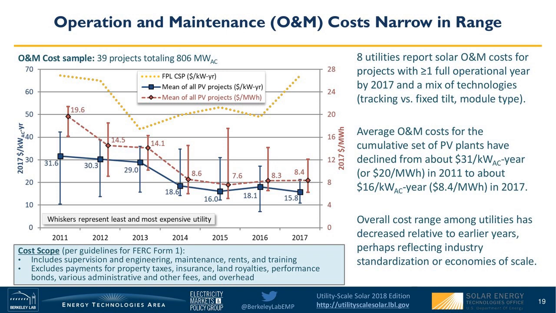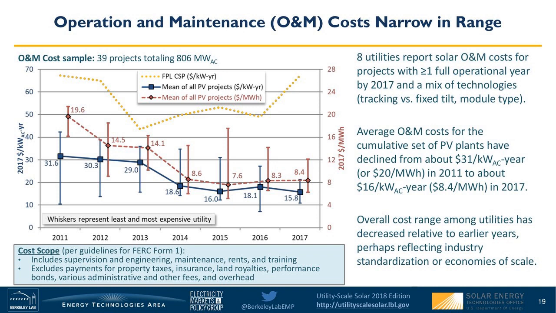But nevertheless, this is, at least to our knowledge, the only really accessible database for O&M cost that we can analyze. And so we have fewer projects here in comparison to our overall project sample, only 40 projects totaling about 800 megawatts. And for this limited sample, we see in blue declining average prices in capacity terms in the year 2017.